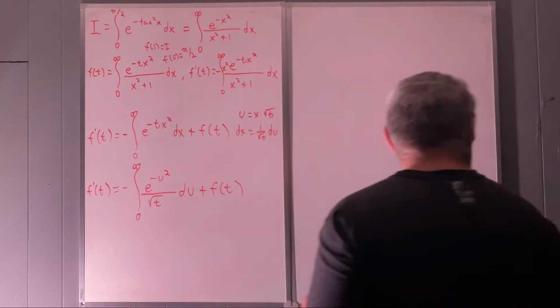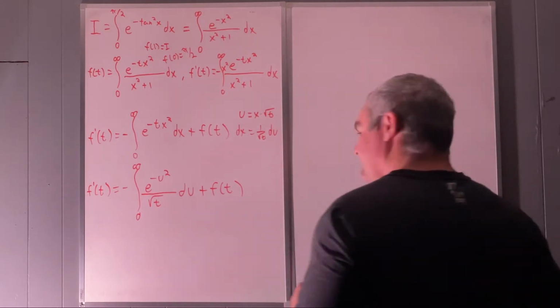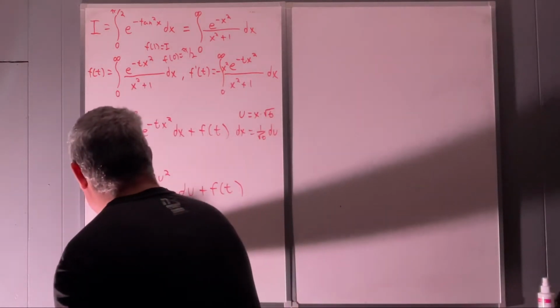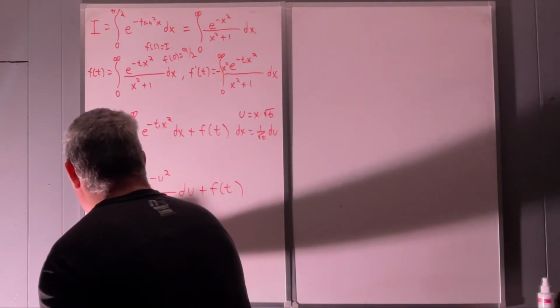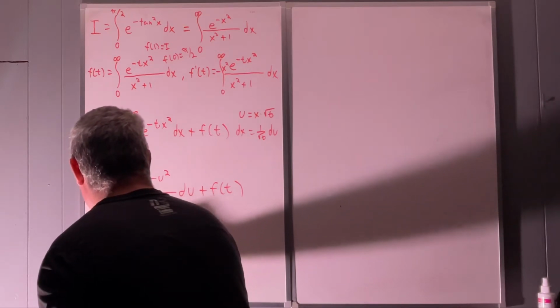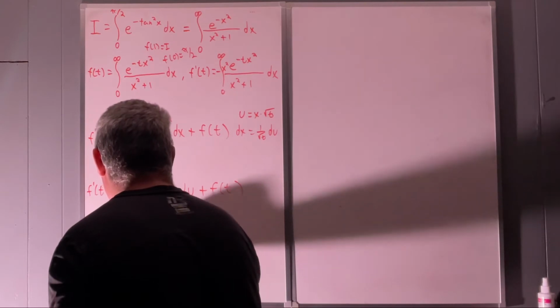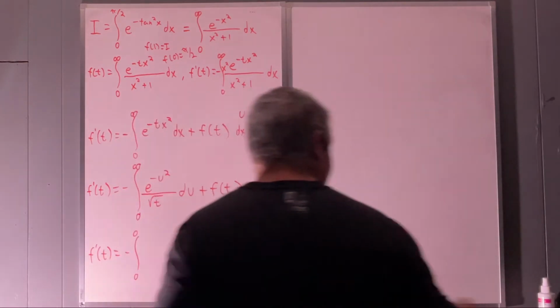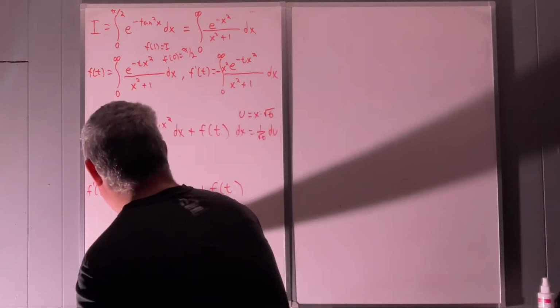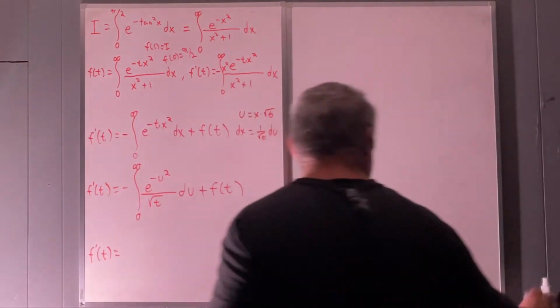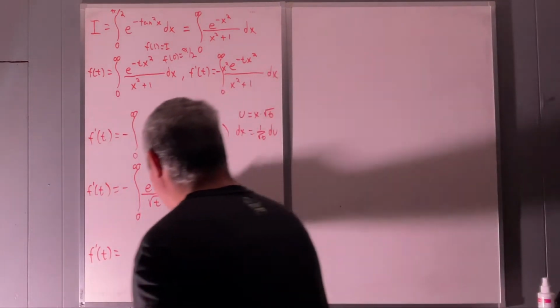All right, so let's rewrite it on another line. So our f prime of t is now equal to, well, we're actually just evaluating that integral.